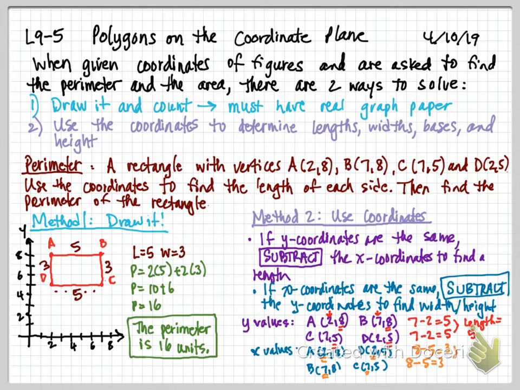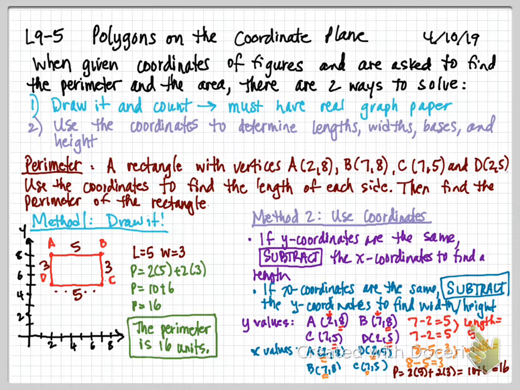And then I say the width is equal to 3. So if I want to figure out perimeter, I'm going to put it right here. I'm going to get 2 times the length of 5 plus 2 times the width of 3 equals 10 plus 6, or 16. So it's the same exact answer.